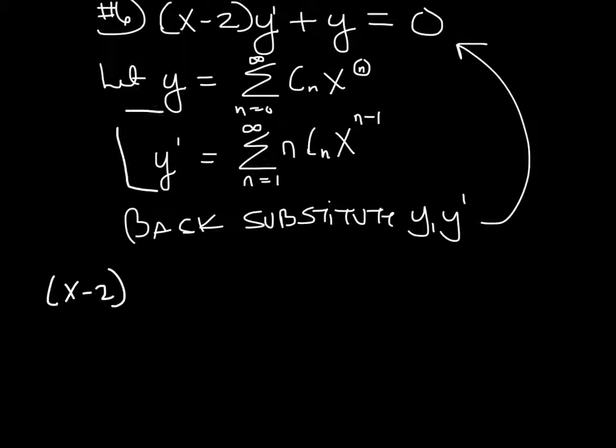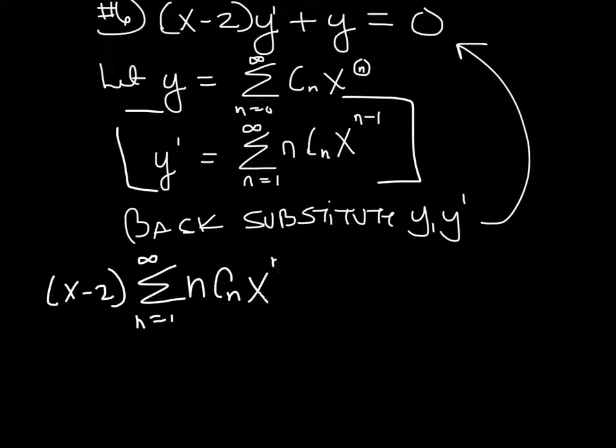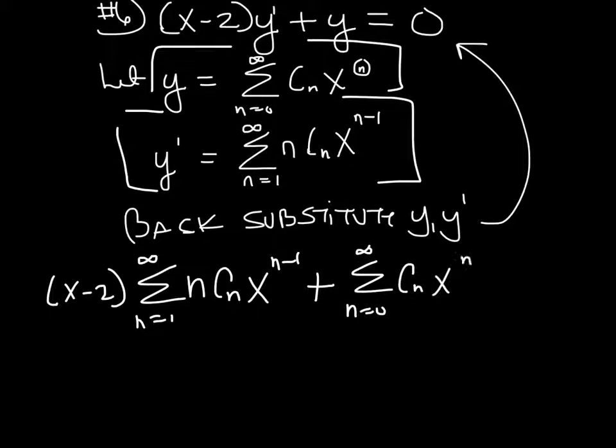Well, here is my y prime, so I'm just going to write that in, n Cn x to the n minus 1, plus y. And of course our y is right here, so we have this infinite series that we started with. Okay, so there's our differential equation in terms of power series.